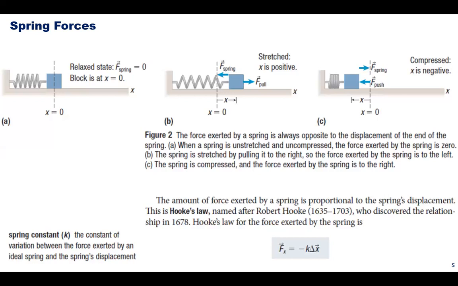So the amount of force exerted by a spring is proportional to the spring's displacement. This is called Hooke's law, named after Robert Hooke, who discovered the relationship in 1678. Hooke's law says the force exerted by the spring is given by the following formula.